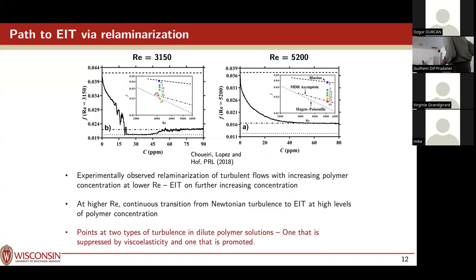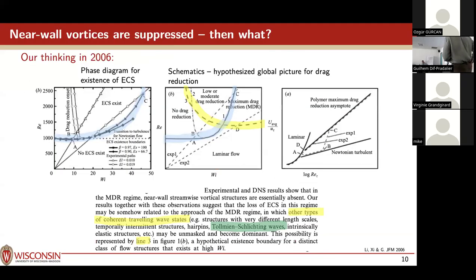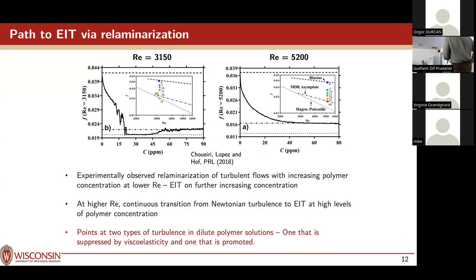Okay, so some later experiments found that there's a path to elasto-inertial turbulence that involves relaminarization, and that is actually predicted by this diagram that we speculated back in 2006. So here they did quasi-static experiments, slowly increasing the polymer concentration.